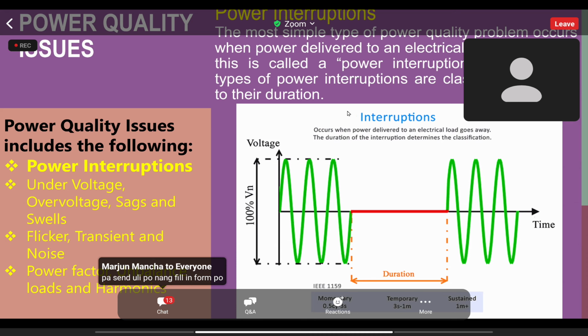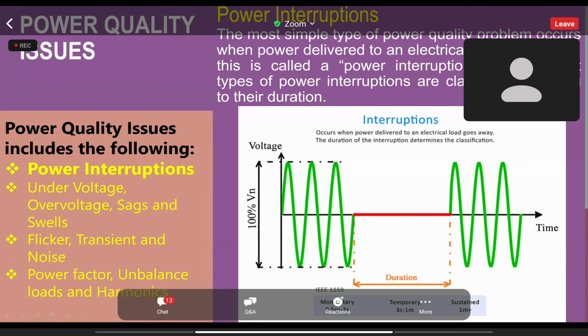So meron tayong 4 na category. So these issues are the following. The power interruptions. We have the under voltage, over voltage, sags and swells, flicker, transient and noise, power factor, balance loads, and harmonics.